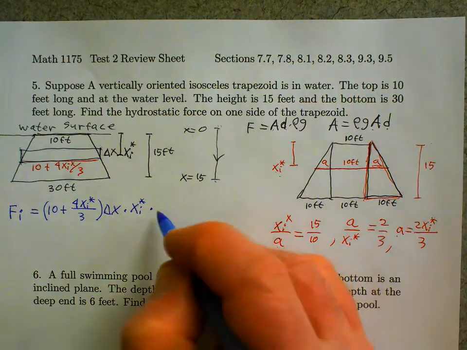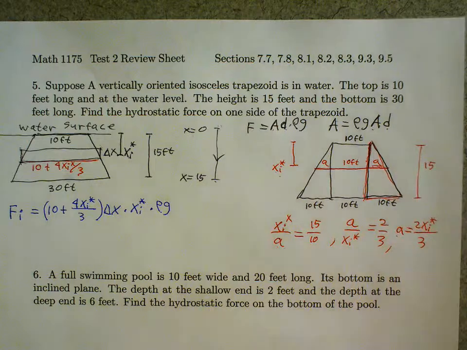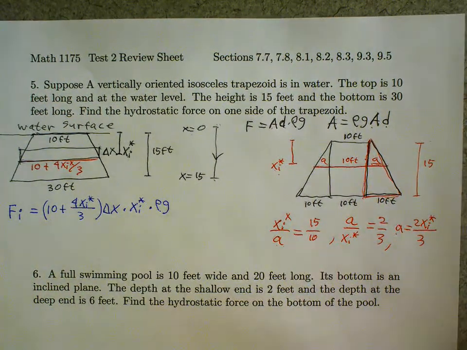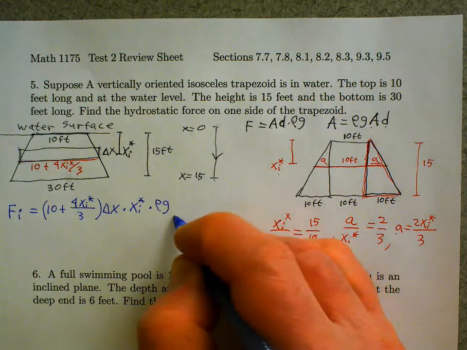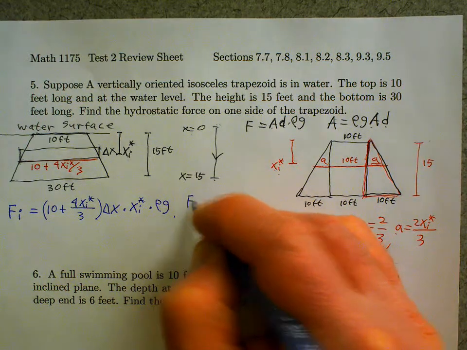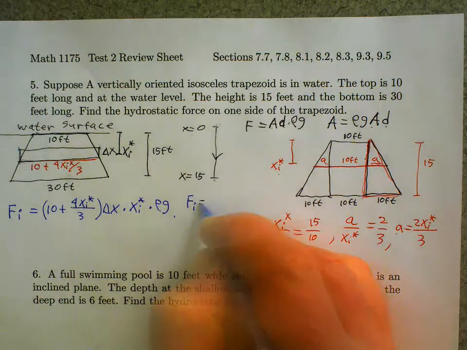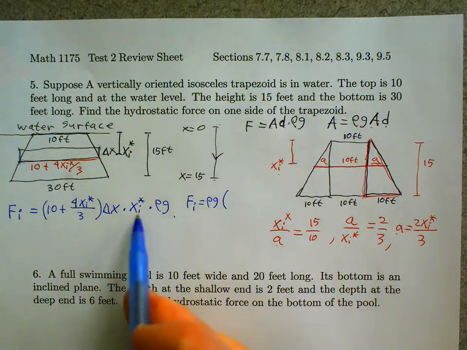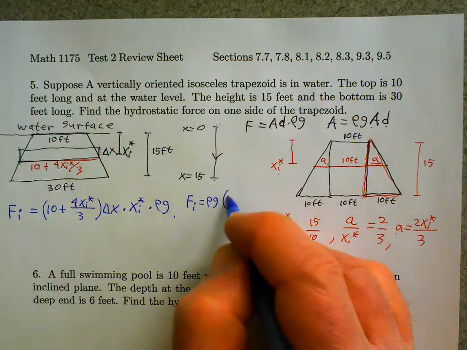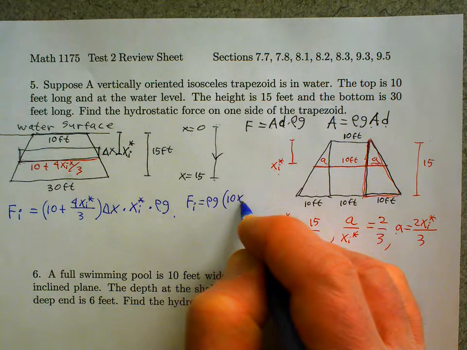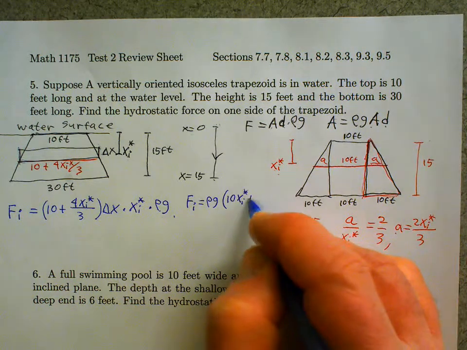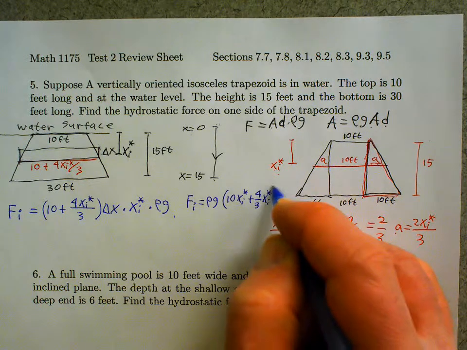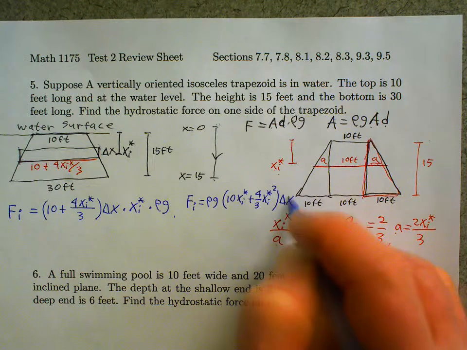And then we multiply that by rho times g for the entire hydrostatic force. If we make this look a little nicer, F sub i is rho times g times, distributing multiplication by x sub i star, 10 times x sub i star plus 4/3 times x sub i star squared, times delta x.